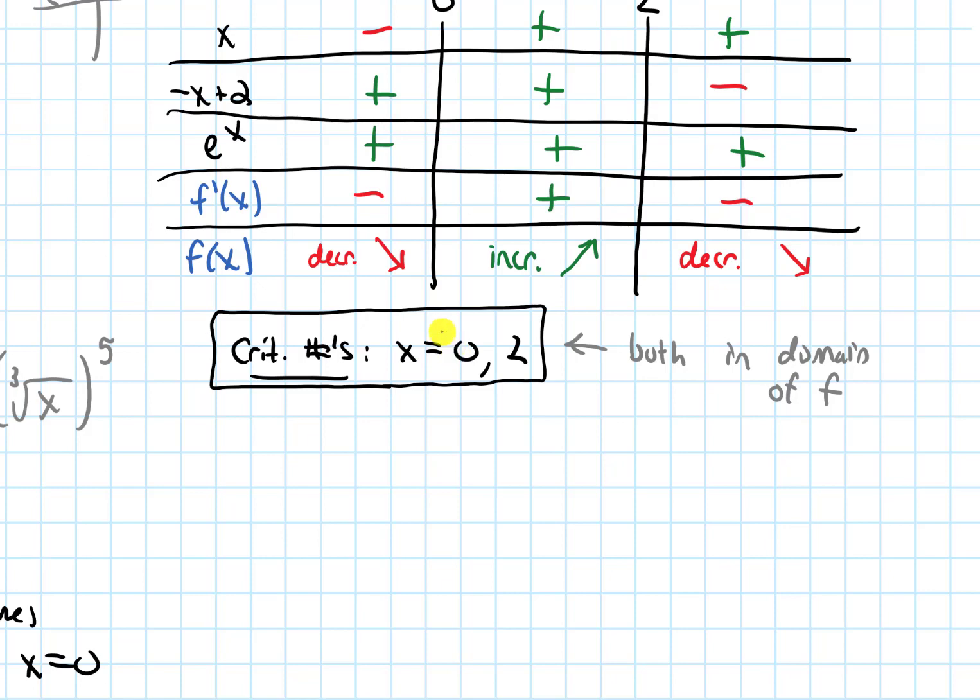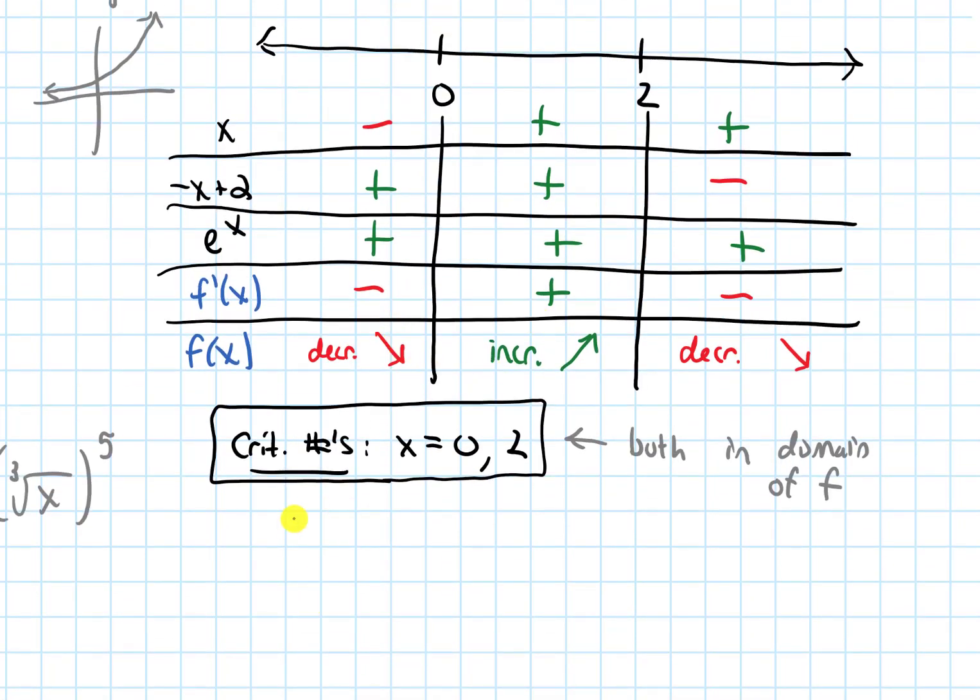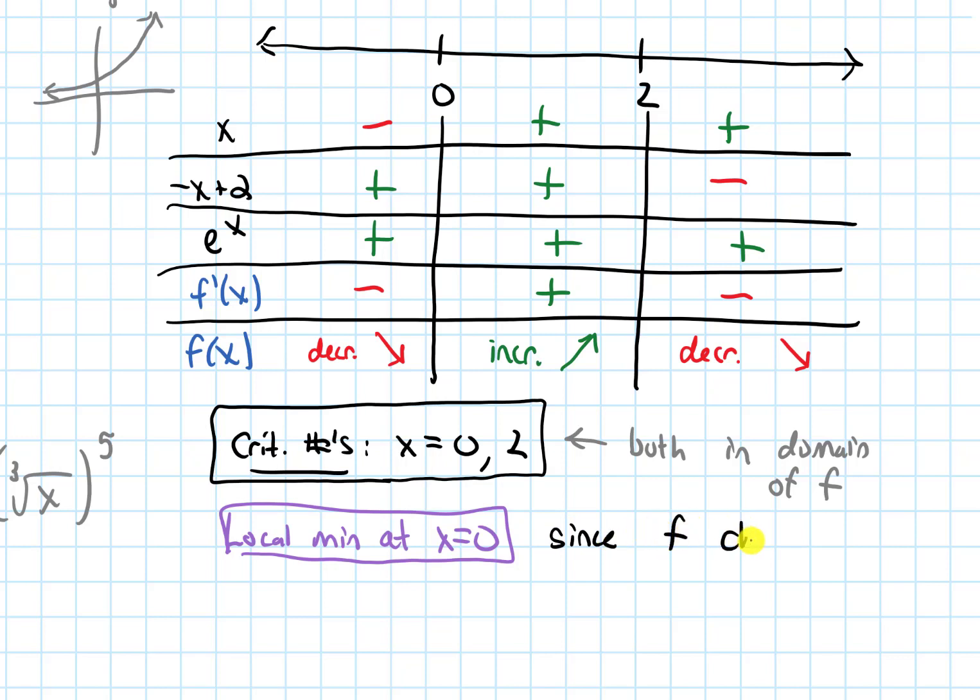So at x equals 0, our function changes from decreasing to increasing, so we'll have a local min at x equals 0. And this is since, I'll give a reason why, since our original function f changes from decreasing to increasing at x equals 0.